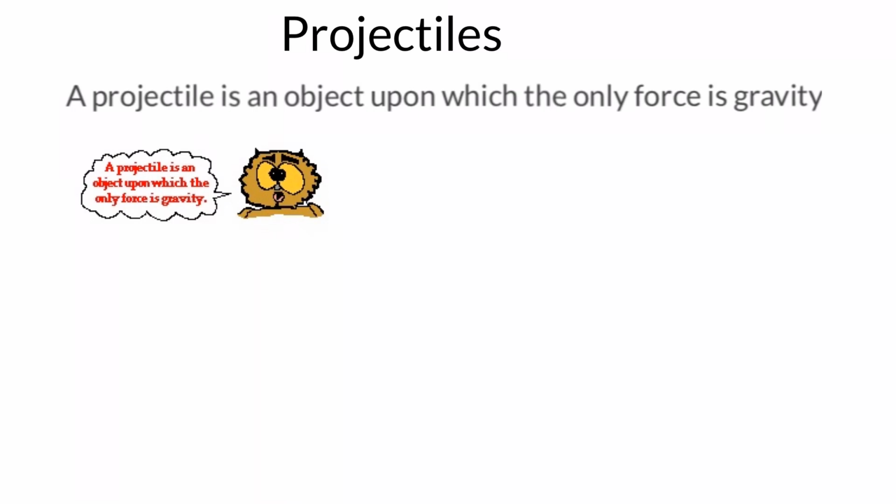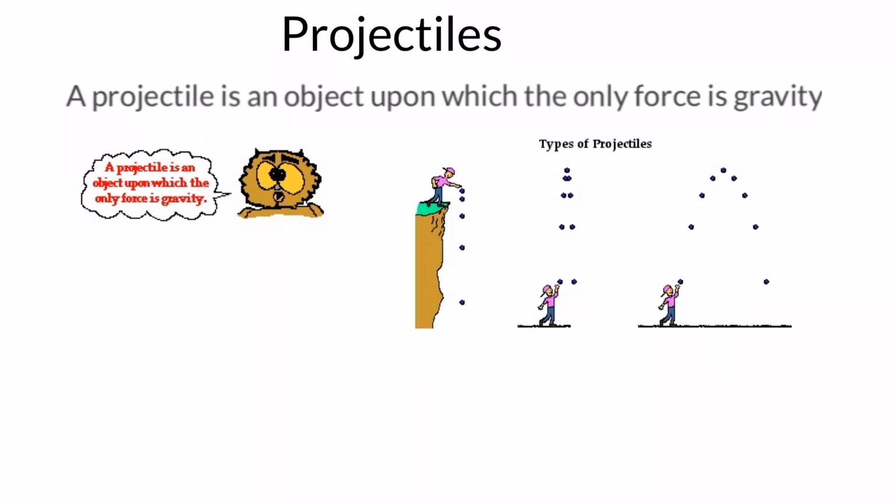So we must understand. Now next we will see what are the different types of projectiles. This is the projectile dropped in the downward direction, this is the projectile thrown in the upward direction, and this is the projectile thrown upward at an oblique angle with the horizontal direction. This is exactly in the downward direction, dropped.